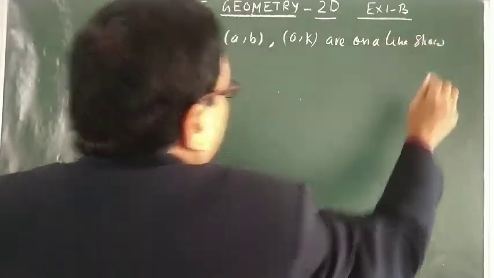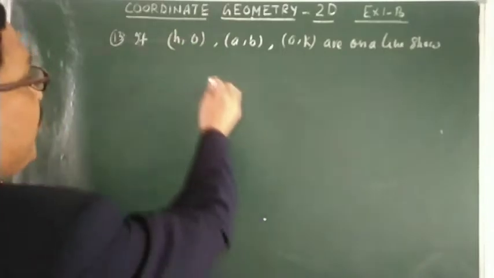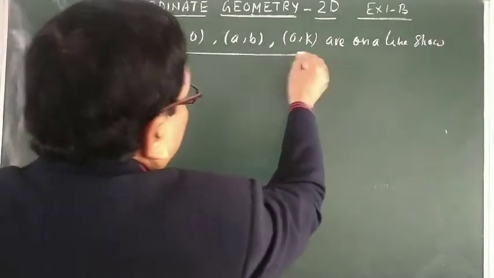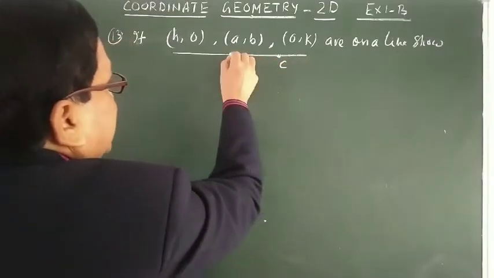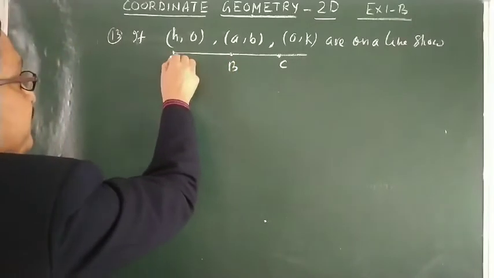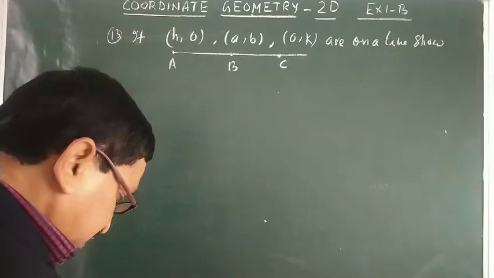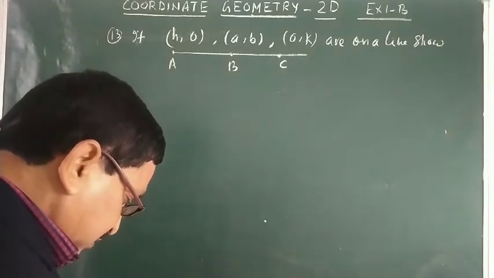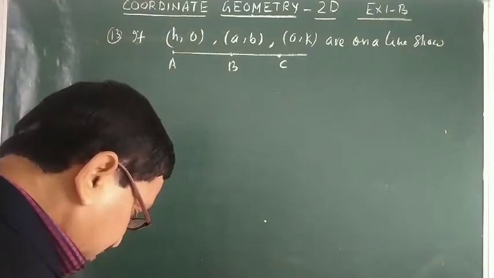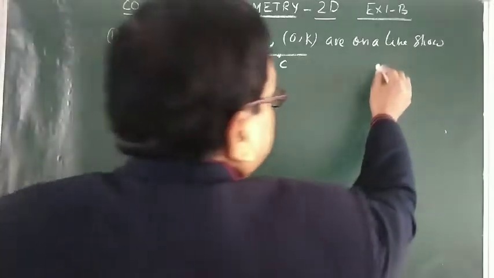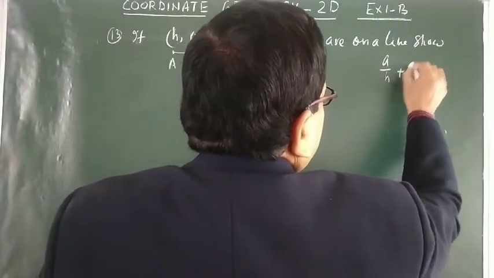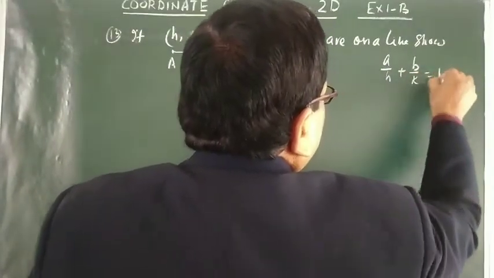So on a line means collinear. The 3 points are collinear on a line. C, B, A: these 3 points are on the line. We have to show that A by H plus B by K is equal to 1.